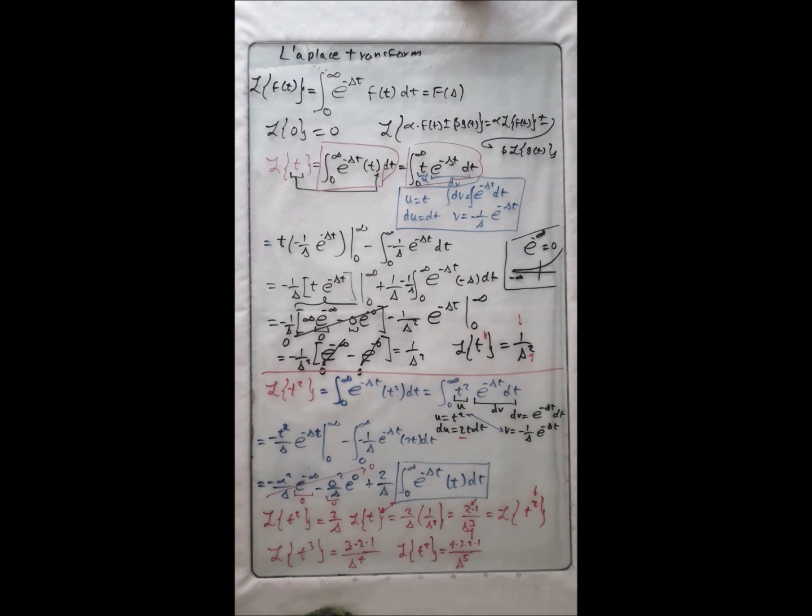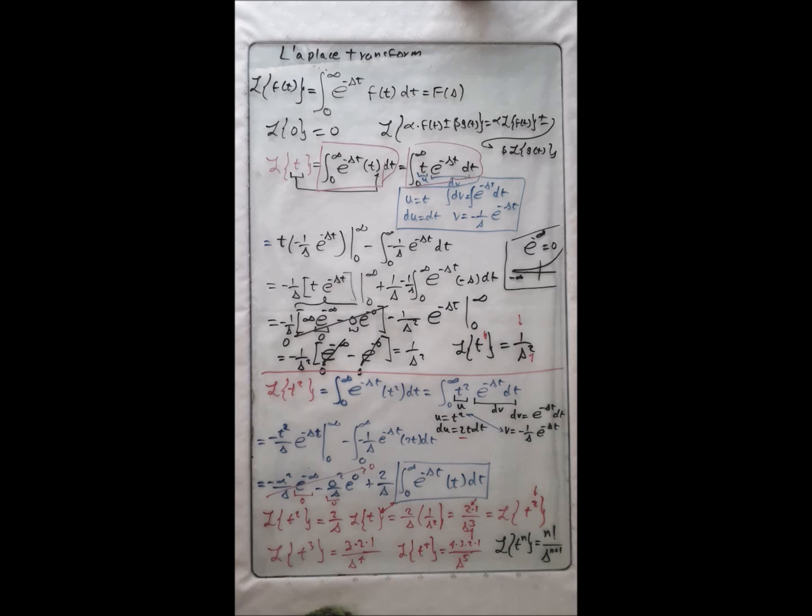Now, the general formula. In general, the Laplace transform of t to the power of n is going to be n factorial, that is, 1 times 2 times 3 times 4 and so on, divided by s to the power of n plus 1, because it is always one integer ahead.